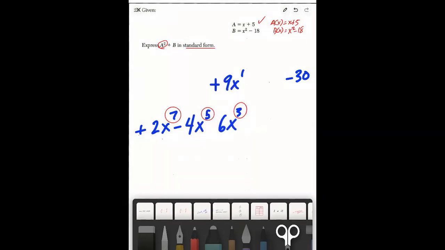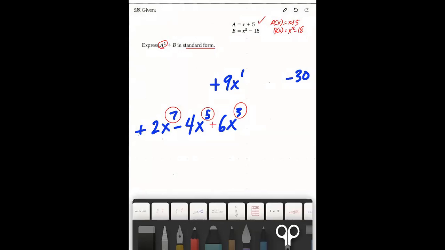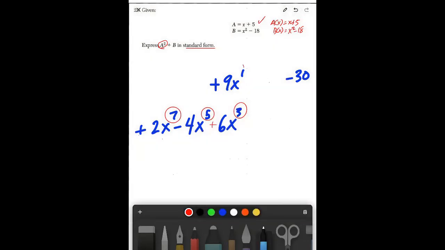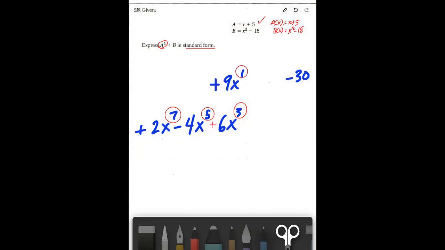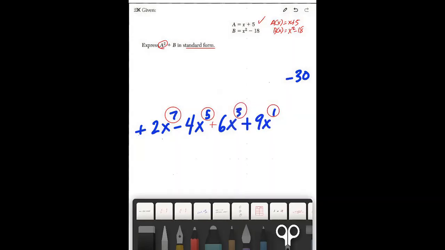Notice, since the 6 didn't have a sign in front of it, that means it's going to be a plus. Now let's get the next highest exponent, which is the 1, and I'm going to put it in order. Then the last thing I'm going to do is take this minus 30 and put it down here.